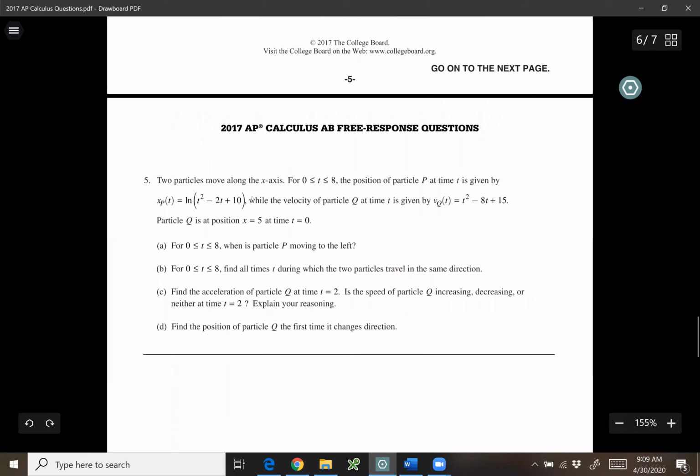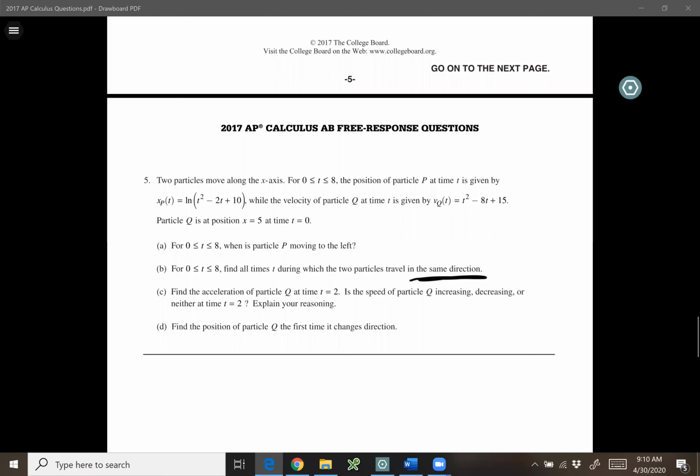Number five has two particles. One is a particle moving to the left. When are they traveling in the same direction? If they're traveling in the same direction, what do you guys think that means? Same direction. What's the same? Is position the same? Is velocity the same? Or is acceleration the same? What do you guys think?